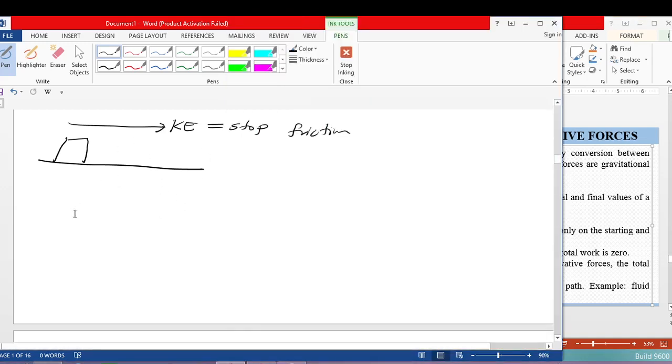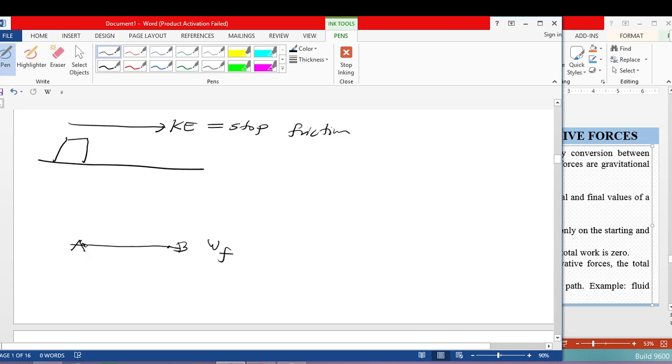Friction, for example, depends on the path. This is from point A to point B. If I move straight from A to B on a surface with friction, of course there is work done by the friction.